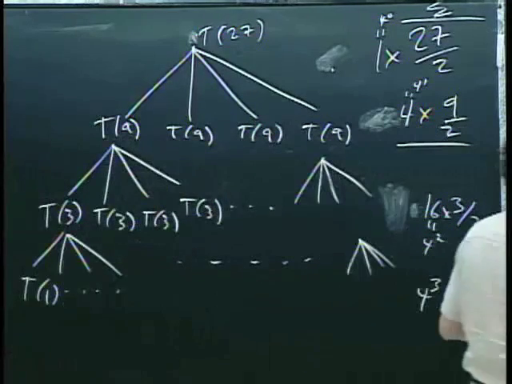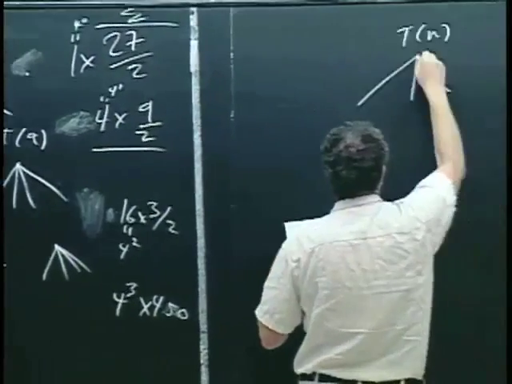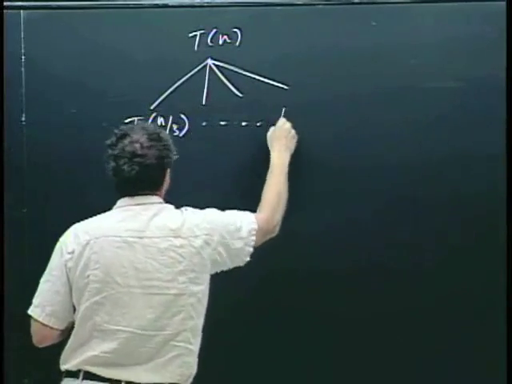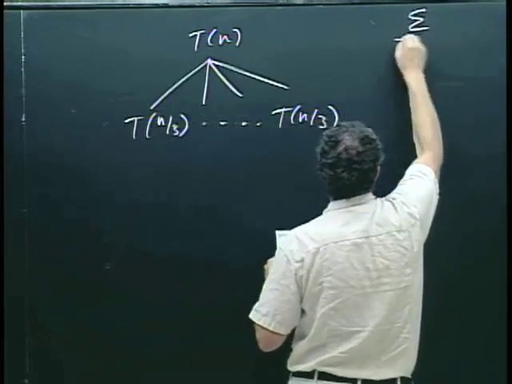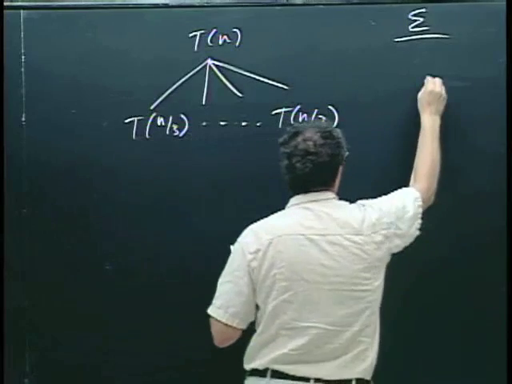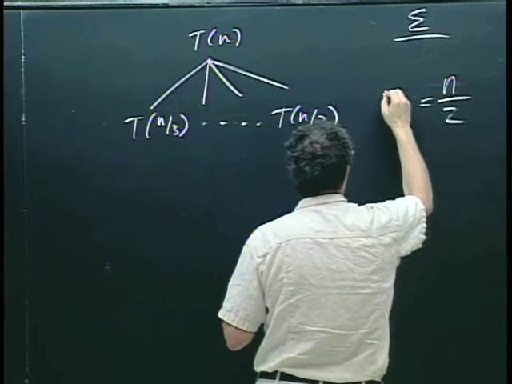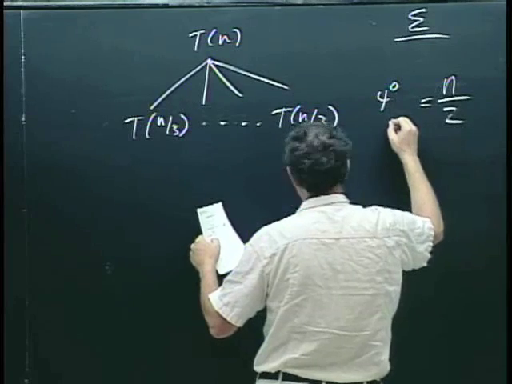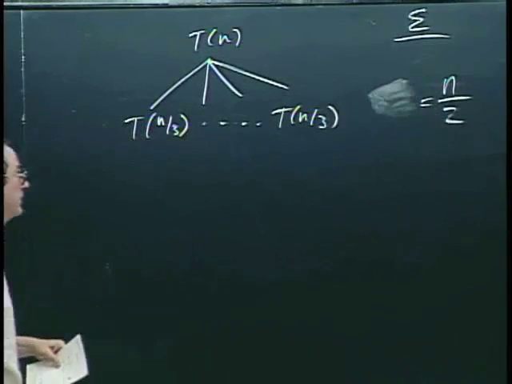So it looks sort of like T of n is equal to 4 times T of n over 3, plus, here's the summation portion of it, n over 2. Okay, n over 2, but that's also equal to 4 to the 0 times. Well, let's go a few more steps before I put in the general form.